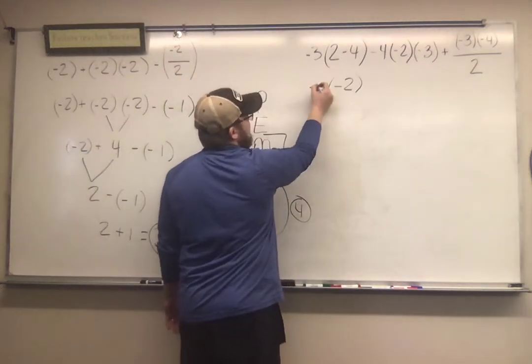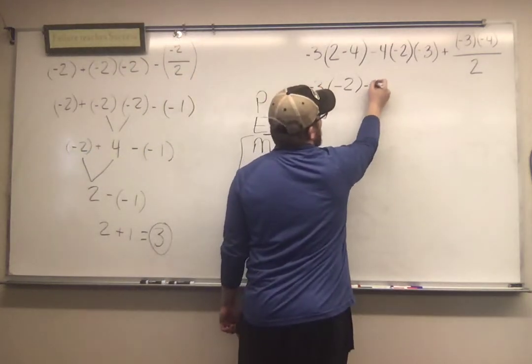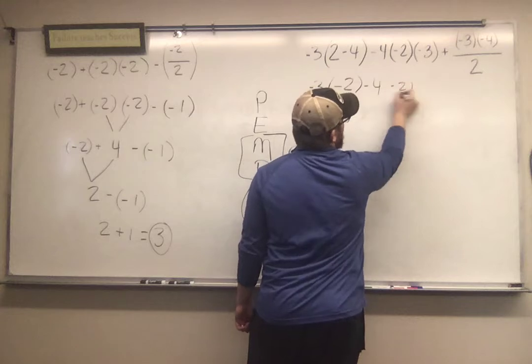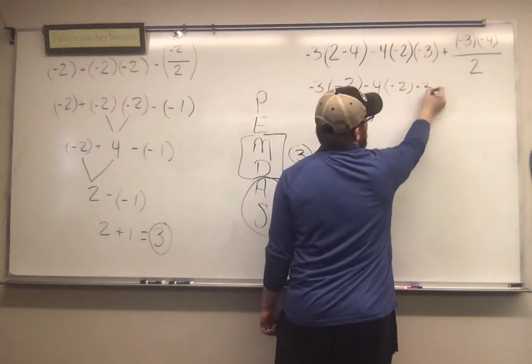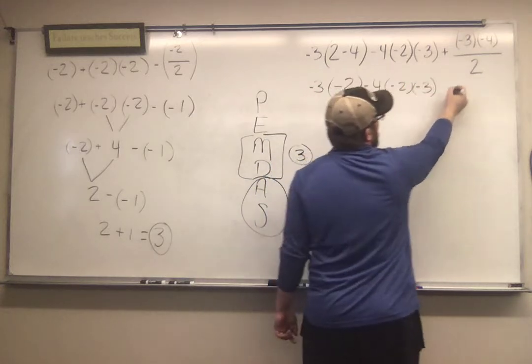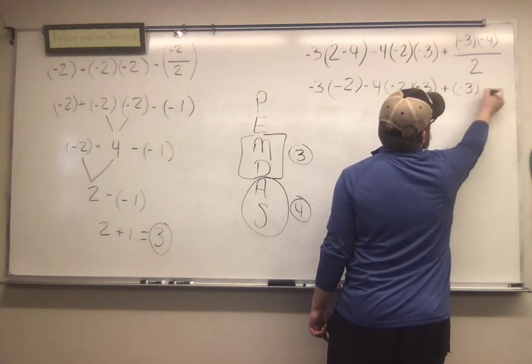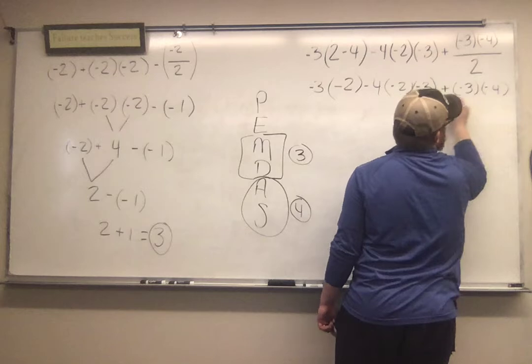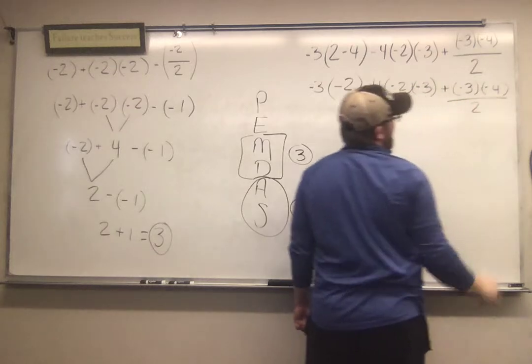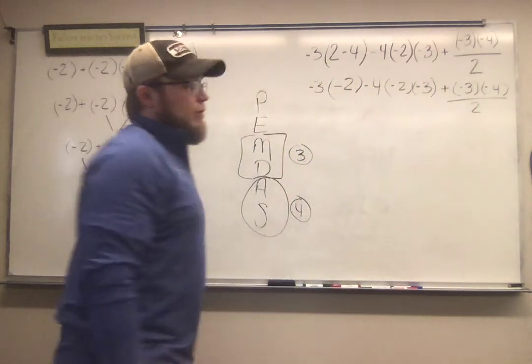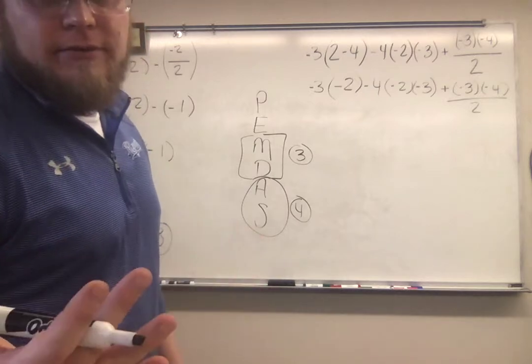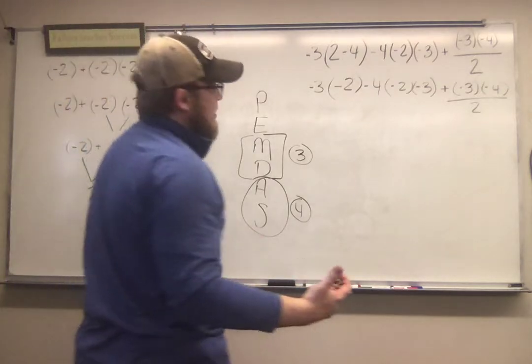Did not use the -3 or the -4, or the -2 with parentheses, or the plus and the -3, -4 with parentheses, fraction bar 2. Which, remember, the fraction bar just means divide. It's just another way of writing it.